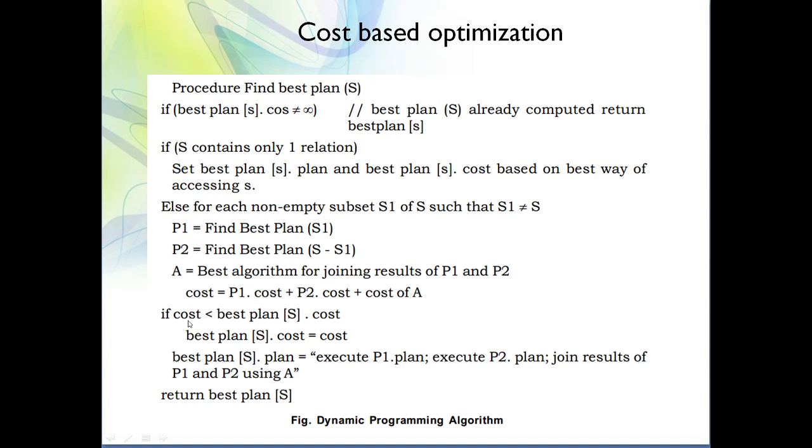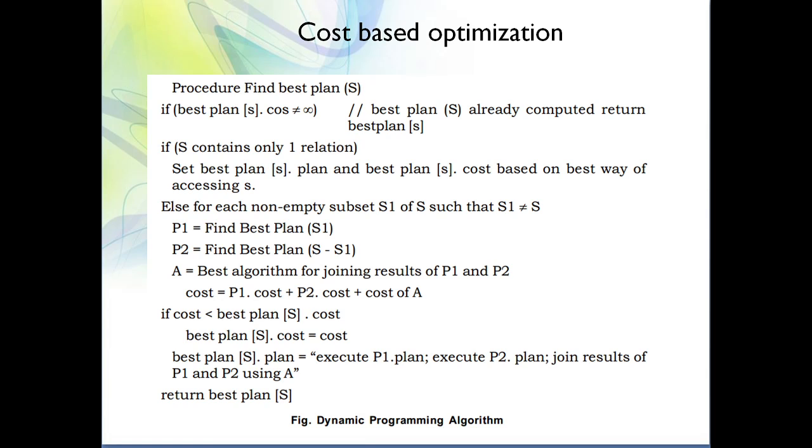And if this cost is less than best plan of S dot cost, it is just like the logic you use to find the smallest number in an array. Suppose I have been given a set of 10 numbers and I have been asked to find the smallest number. Initially I consider the first number as the smallest number, and then I compare the next number with it.